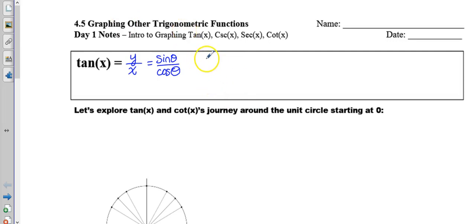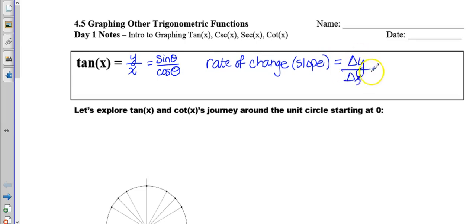So really, when you're calculating y divided by x, you are actually finding a rate of change, or slope, whichever word you would like to use, which is the change in y divided by the change in x.